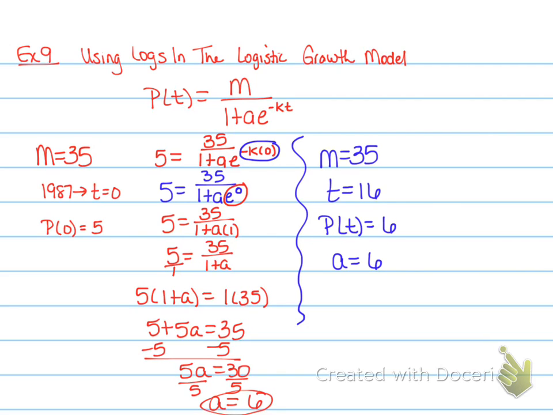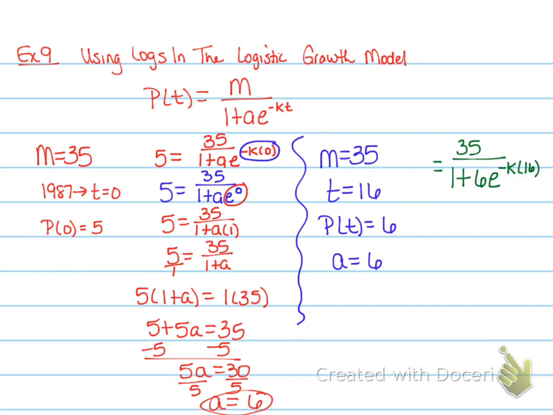I'm almost out of room here, so I'm going to squeeze it in a little, and I'm going to change colors to make it easier. So P of T equals M over 1 plus A e to the negative K, and T was 16. So again, we can put this over 1 and just cross multiply.